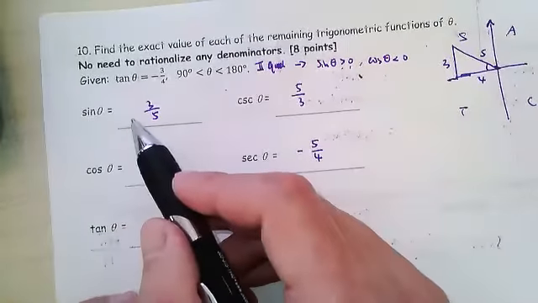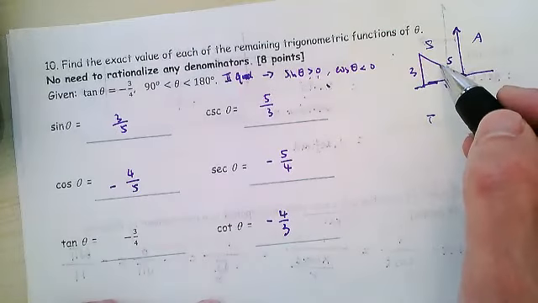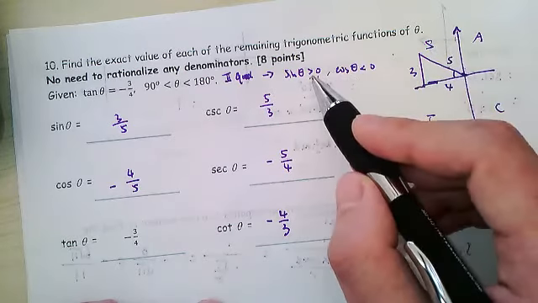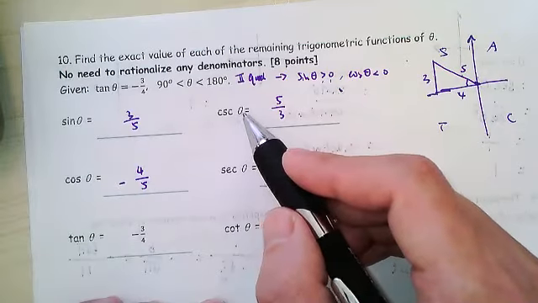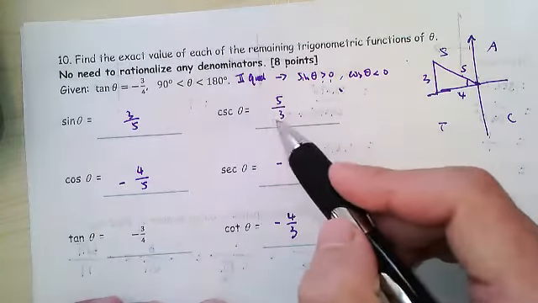So sine theta is the opposite side divided by the hypotenuse, 3 over 5. And according to the ASTC rule, sine is positive. Cosecant is just 1 over sine, so you just flip this fraction.